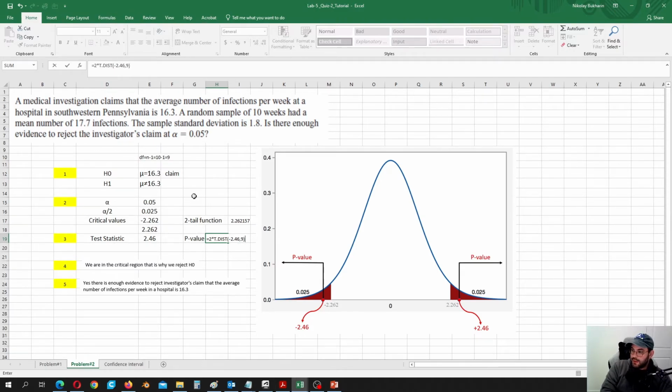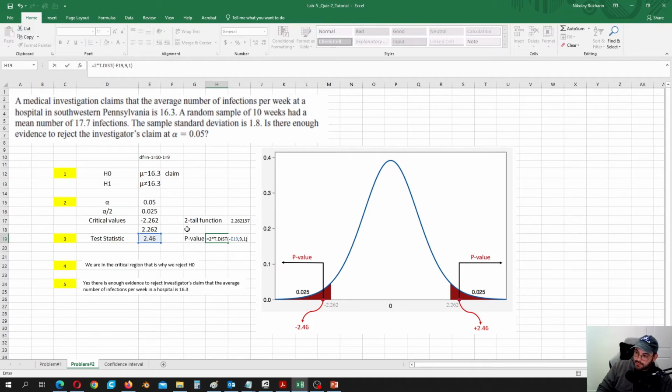We can take it like this, a little more accurate, with minus the test statistic and then 9 degrees of freedom, and it is cumulative, so we are calculating the area from the left of the test statistic, and we double that area in that tail.